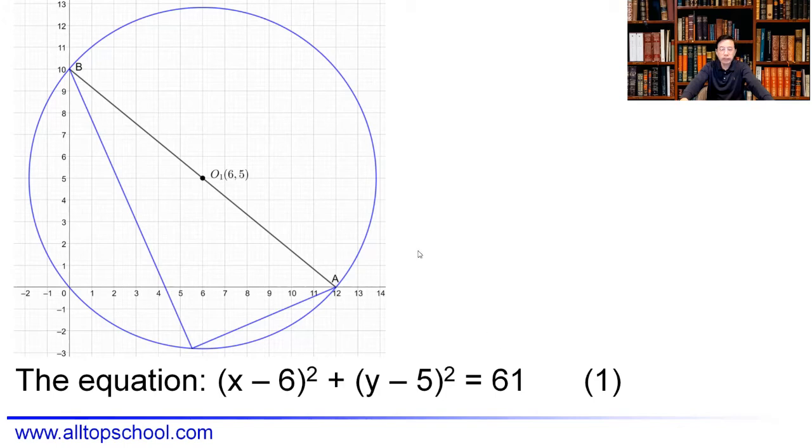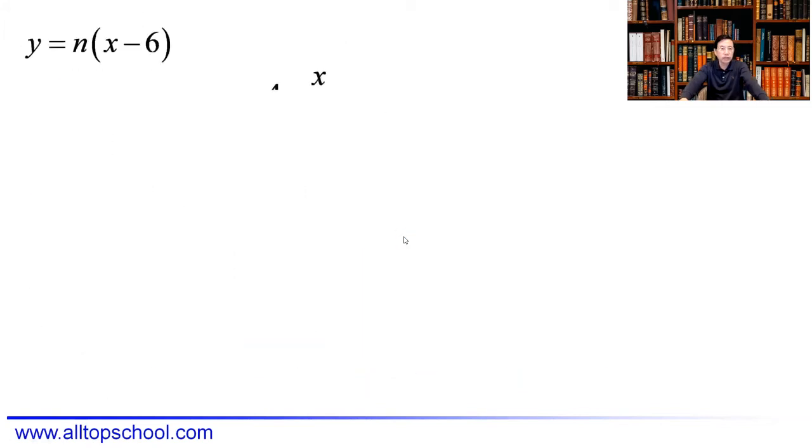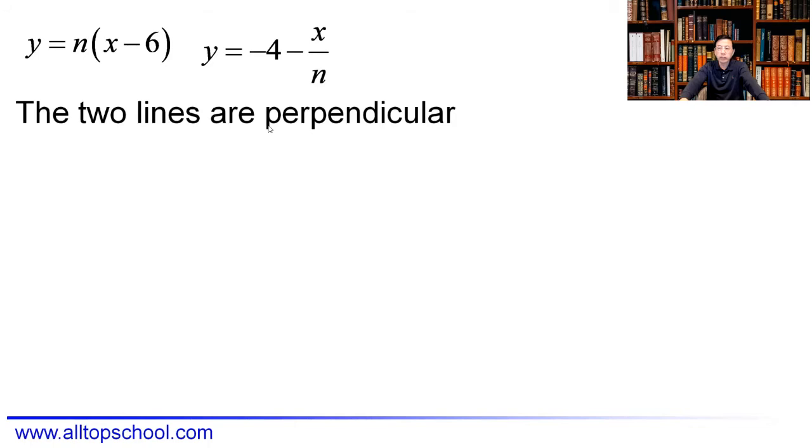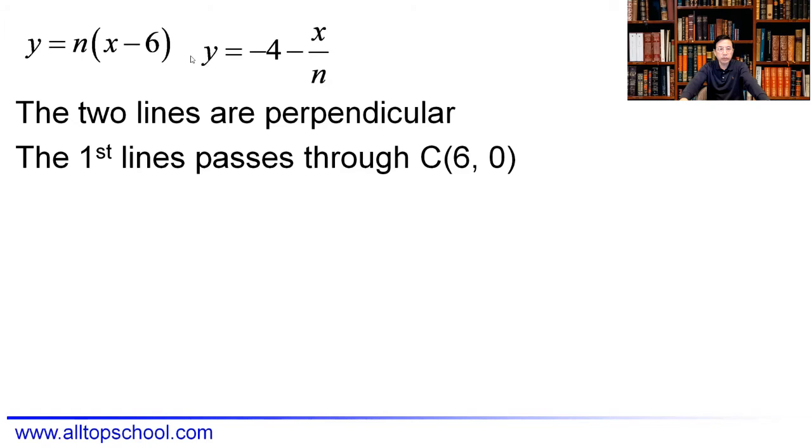We can do the same thing for the second group of lines. They are also located on a smaller circle. So you can check next. These two lines have slopes n and -1 over n. The slopes have a product of -1, so they are perpendicular to each other. The first line passes through 6, 0. The second line passes through 0, -4.